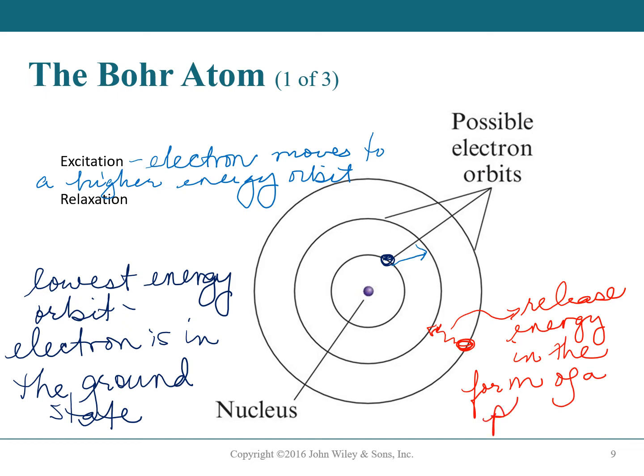And that is how we get specific light. Okay, so this is when an electron emits a photon. It's exothermic and moves to a lower energy orbit.